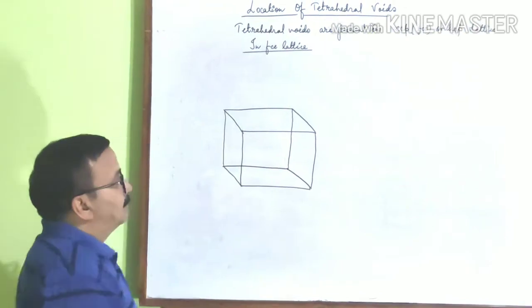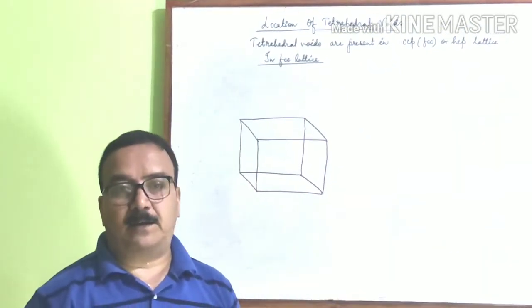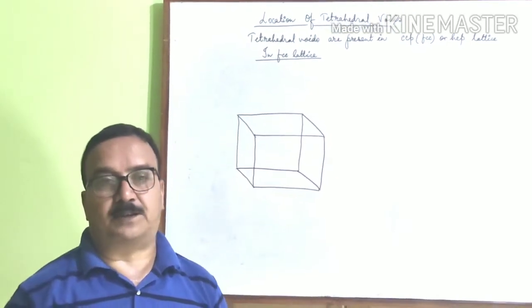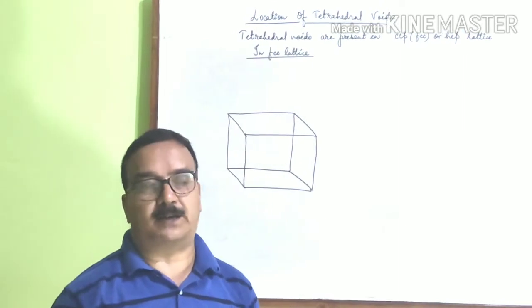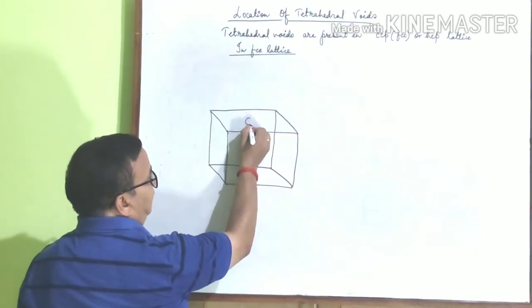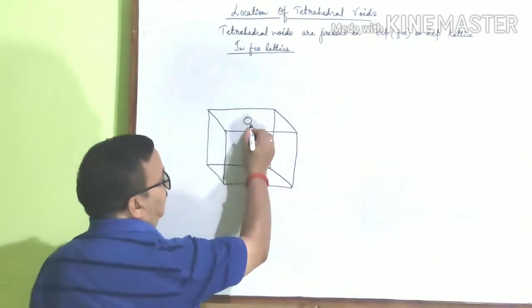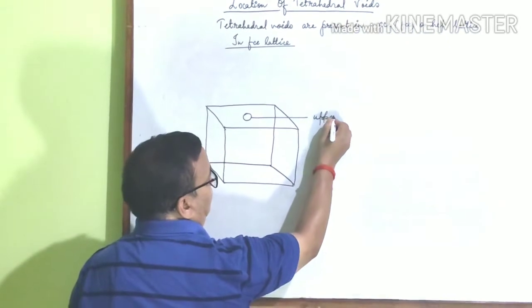Here, in the formation of a tetrahedral void, we require four spheres. So we are showing those four spheres here. The first sphere is present at the center of the upper face.